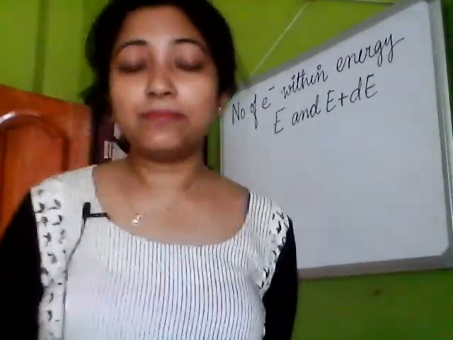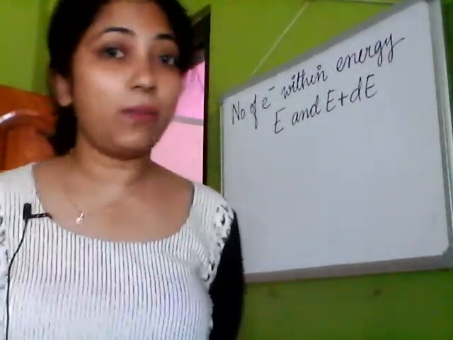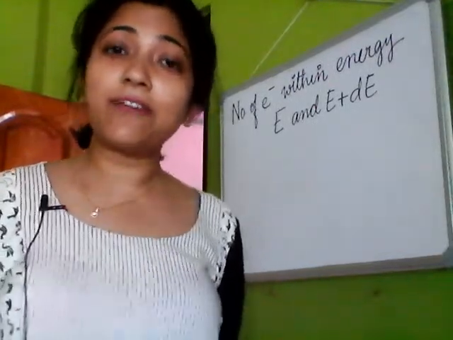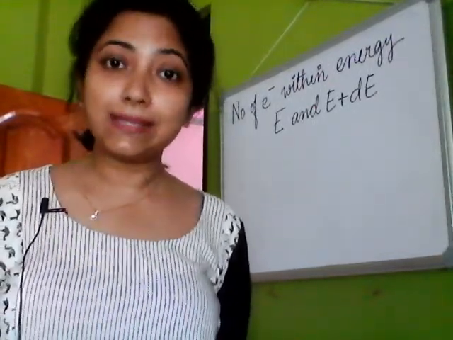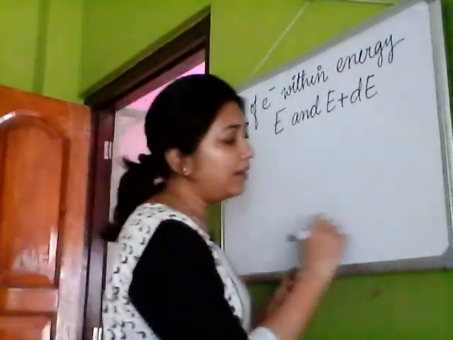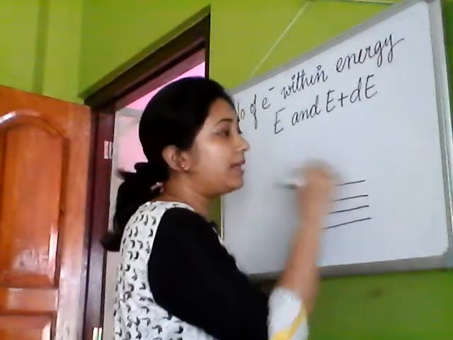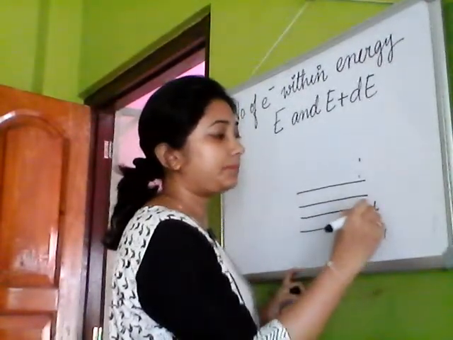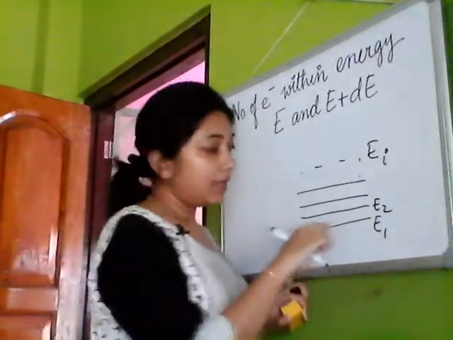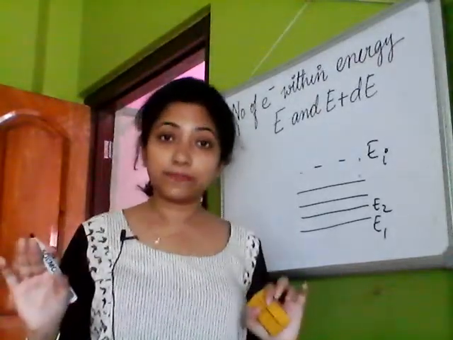So, frankly speaking, I did not get the answer very clearly written anywhere. But the particular answer which I finally settled into is this. When I am drawing the energy levels E1, E2, E3, E4, and somewhere Ei, these individual levels are no doubt discrete.